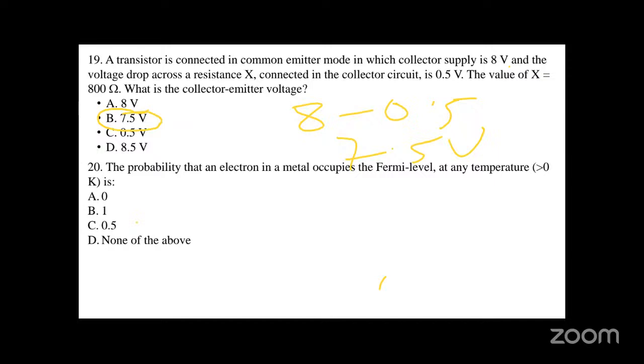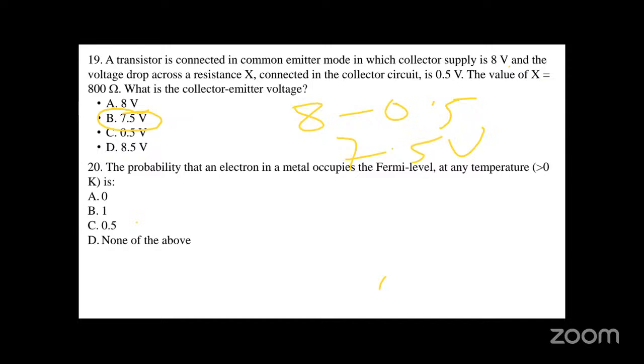Then, this has to do with the Fermi energy level.